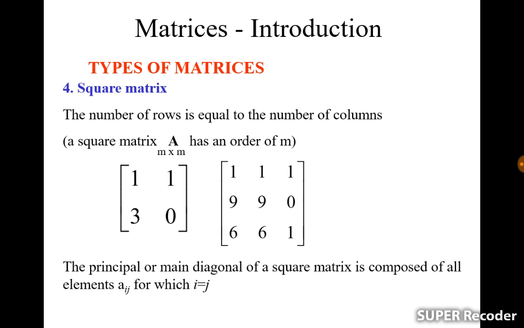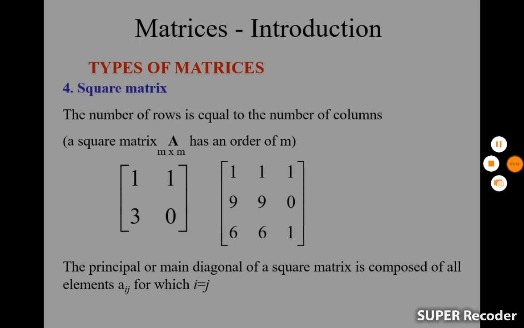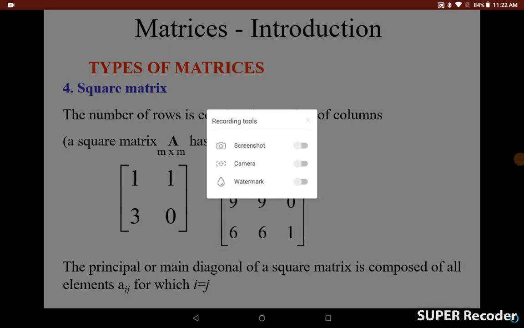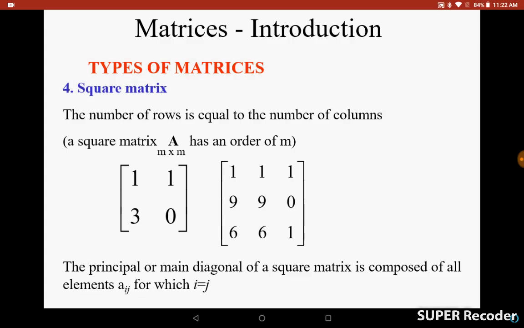Square matrix: the number of rows is equal to the number of columns, so a square matrix A is n by n. The principal or main diagonal of a square matrix is composed of all elements Aij for which i equals j.